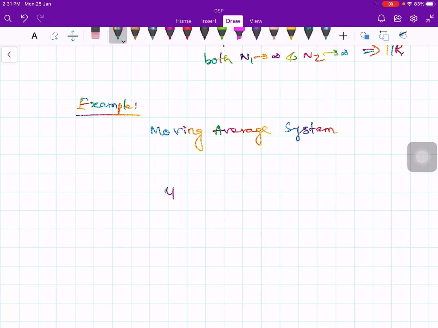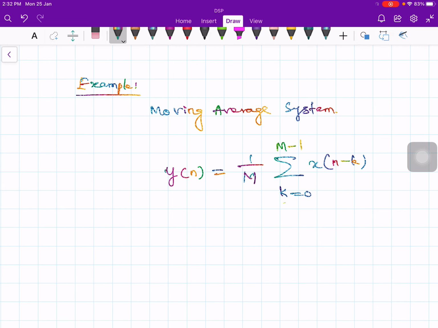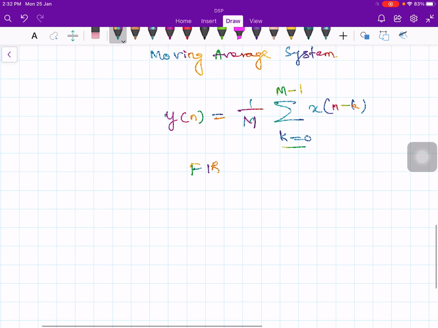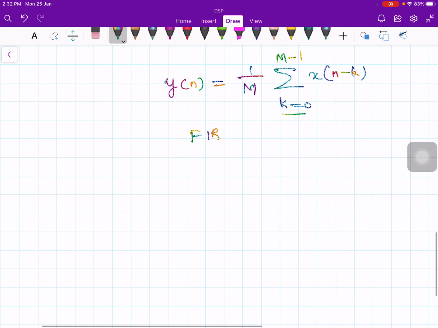So the moving average system is given by y of n is equal to 1 over capital M summation of x of n minus k, where the lower limit is k equal to 0 and the upper limit is capital M minus 1. Now look, the limit is finite, therefore this is an example of FIR system. Now what is h of n? What is the sequence of h of n? This we already calculated in one of the previous lectures.